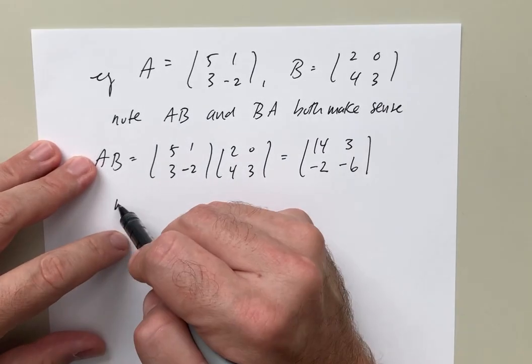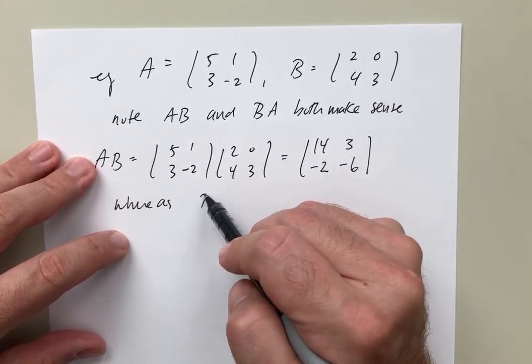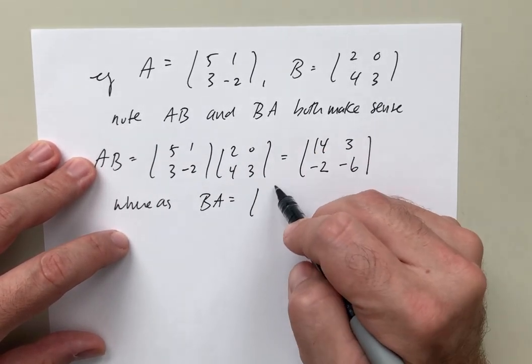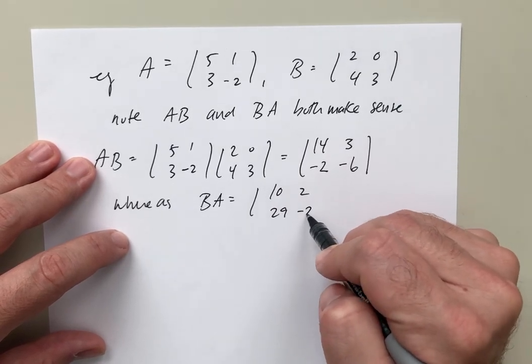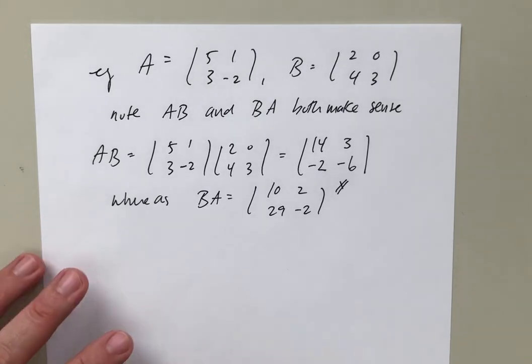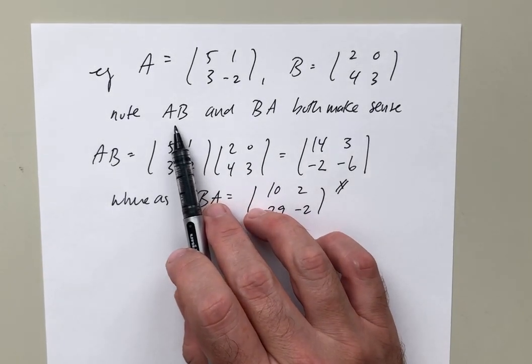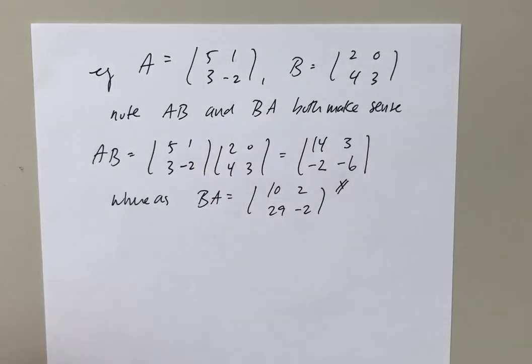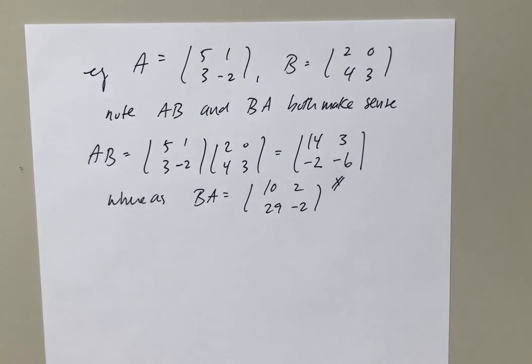And you can check BA is 10, 2, 9, minus 2, not equal. So even when the two products make sense, AB and BA are not the same matrix, which is probably the first time you've seen something like that.